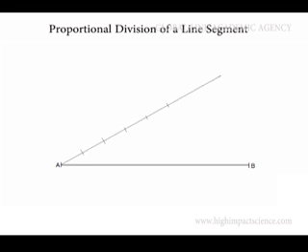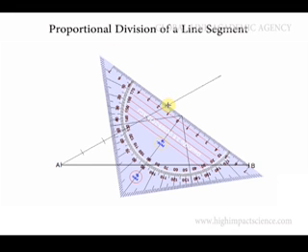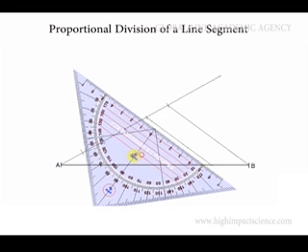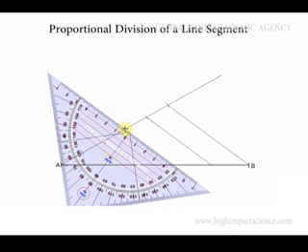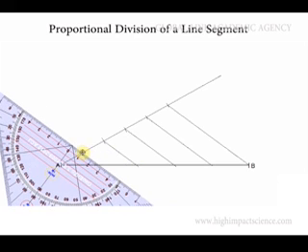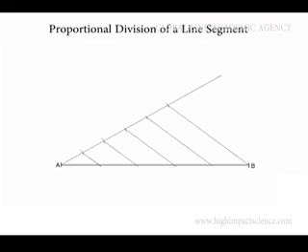Then we join the last point to our point B. The only thing you need now is to draw parallel lines to this line from all points. The parallel lines will cut AB into 5 equal parts.